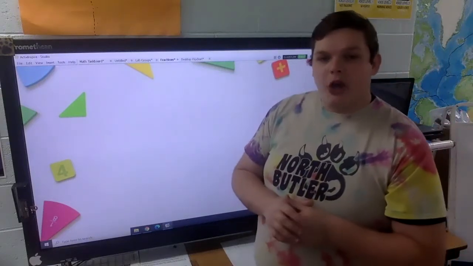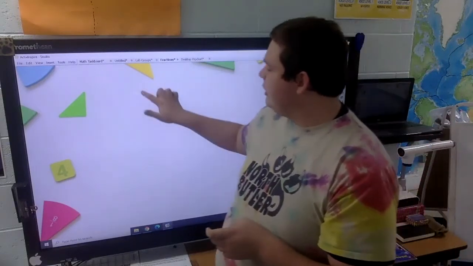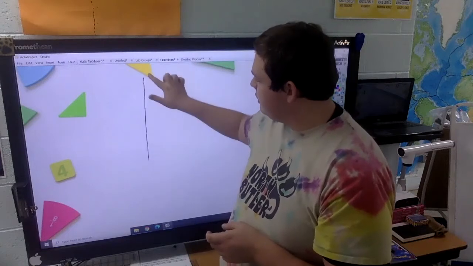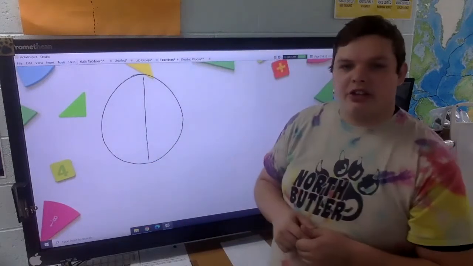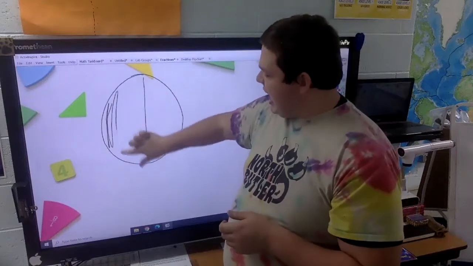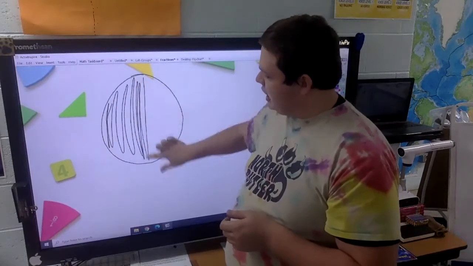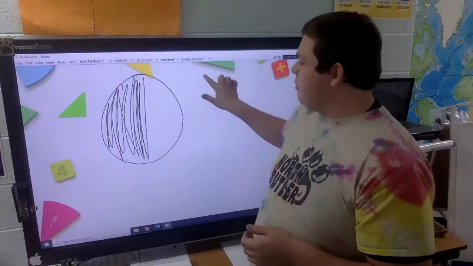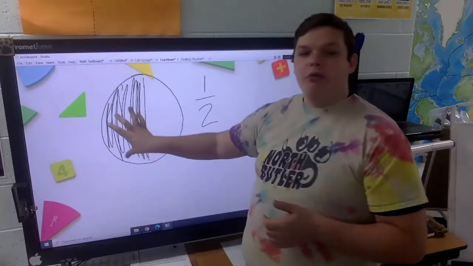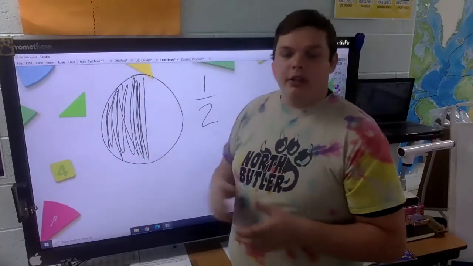Okay, so if I have a circle, we're looking at the fraction, and I am filling in half of it here. That means my fraction would be 1 over 2. I have one piece, it takes 2 to get the whole.